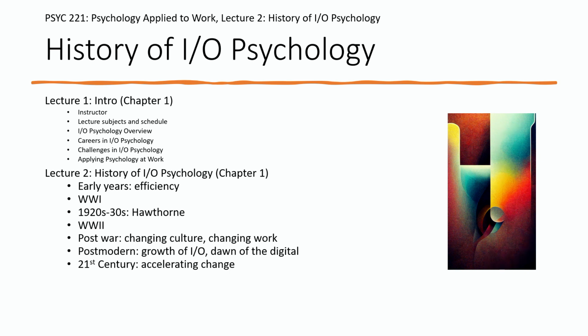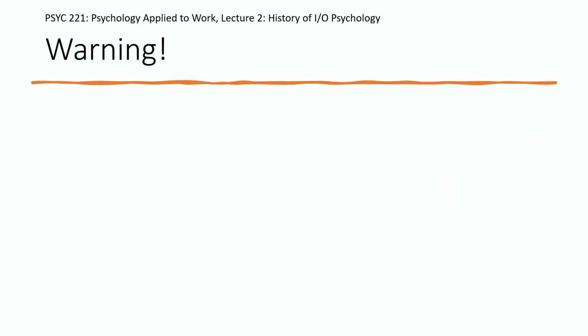And when IO psychology, as an applied practice, is trying to help that area, it keeps changing. Okay, and then after Lecture 3, we're going to have a bonus lecture, and that's the human animal at work.